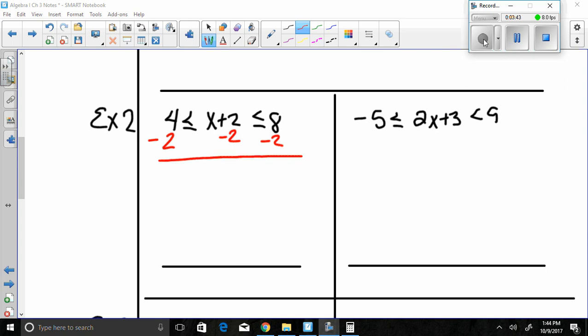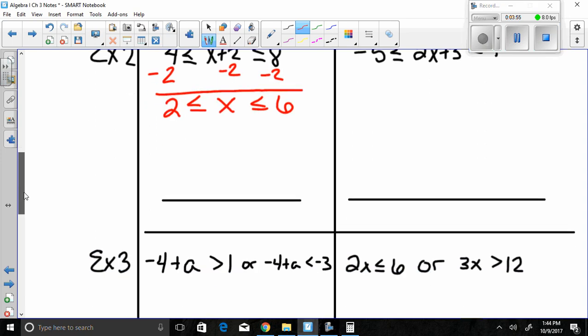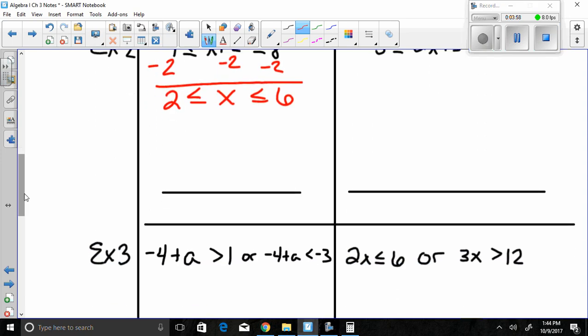So you get 2 less than or equal to x less than or equal to 6. This is considered an and statement. When we come down here, you can see it when we do our number line. So I'm going to do 1, 2, 3, 4, 5, 6, 7.